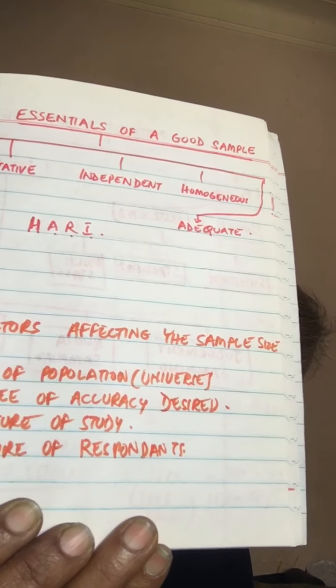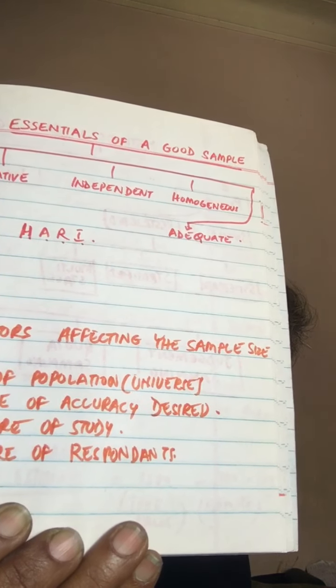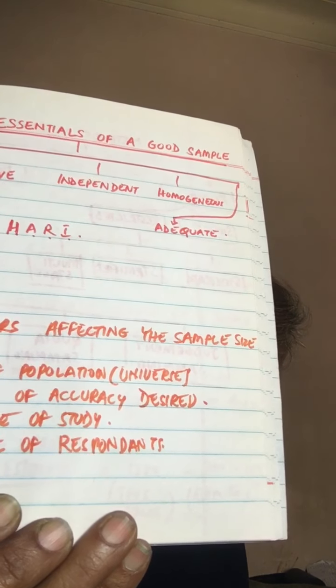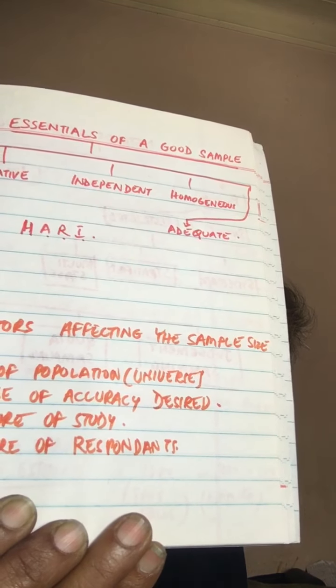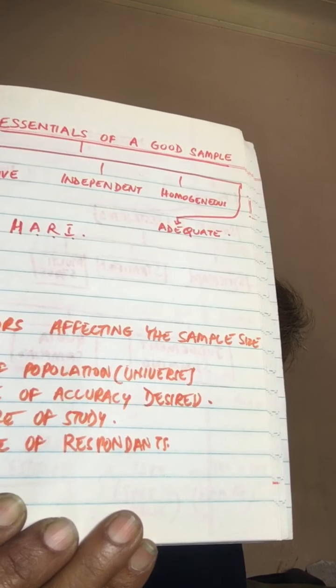Now talking about R, a sample must represent all the characteristics of the universe. That is only possible when each unit of the universe has an equal chance of being selected in the sample. And I is independent.